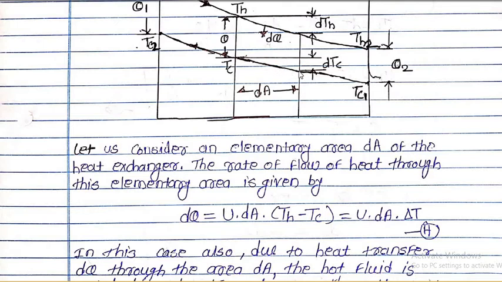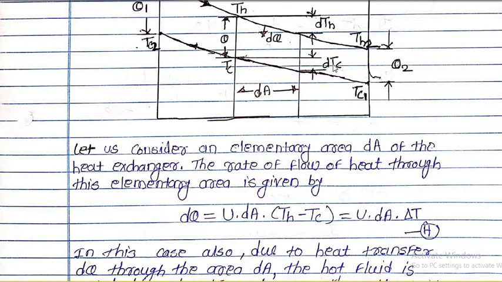As the fluid is flowing in the opposite direction, but we are considering the positive x direction, the temperature of the cold fluid in the positive x direction decreases. So the change, next temperature minus previous temperature, will be negative.